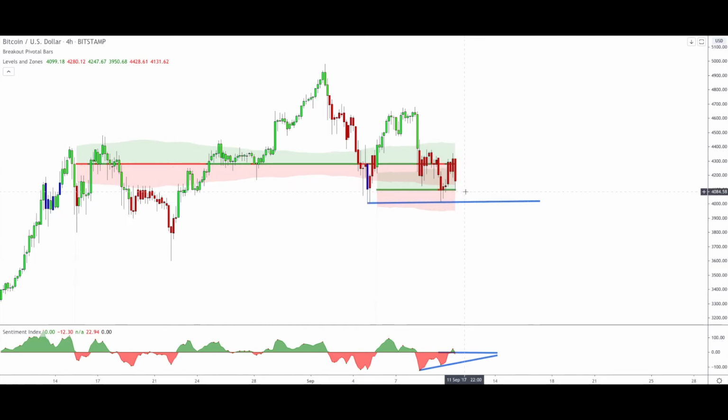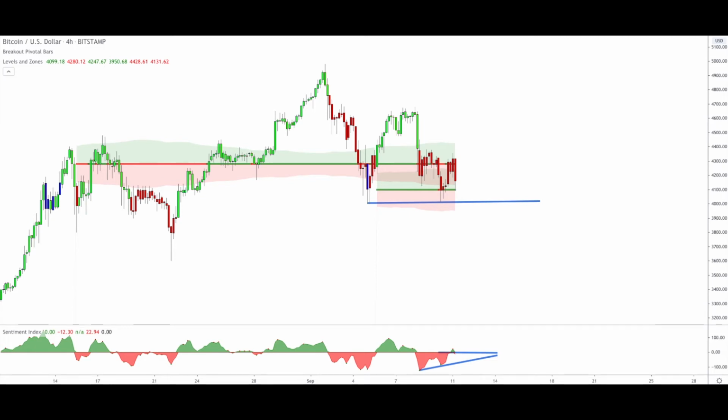So the price is likely going to stay down for quite some time, and it's pushed down. The sentiment turns bearish, it increases to the downside, so it means that we have a very nice downward movement. At least this is what I'm looking for and I'm hoping for.